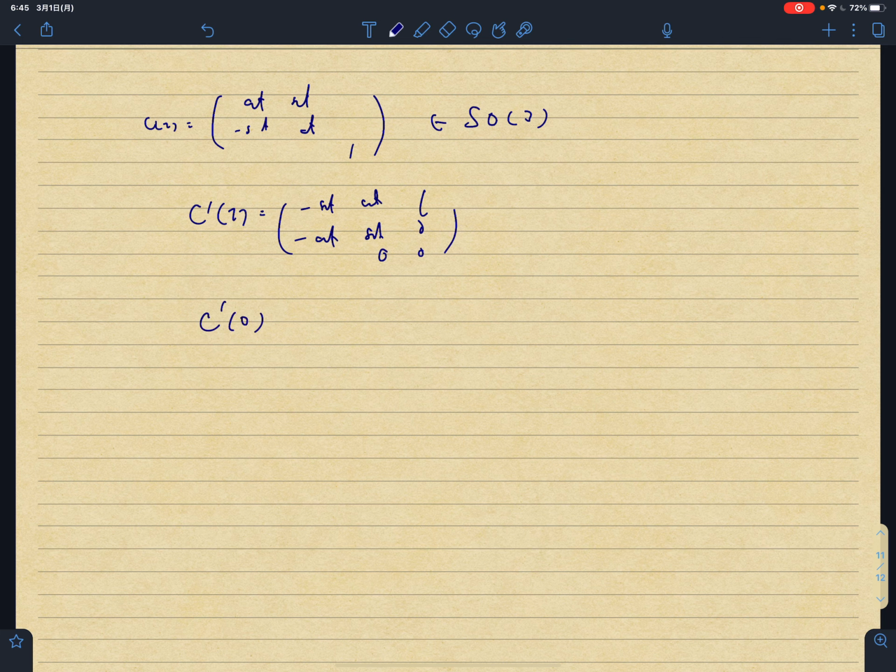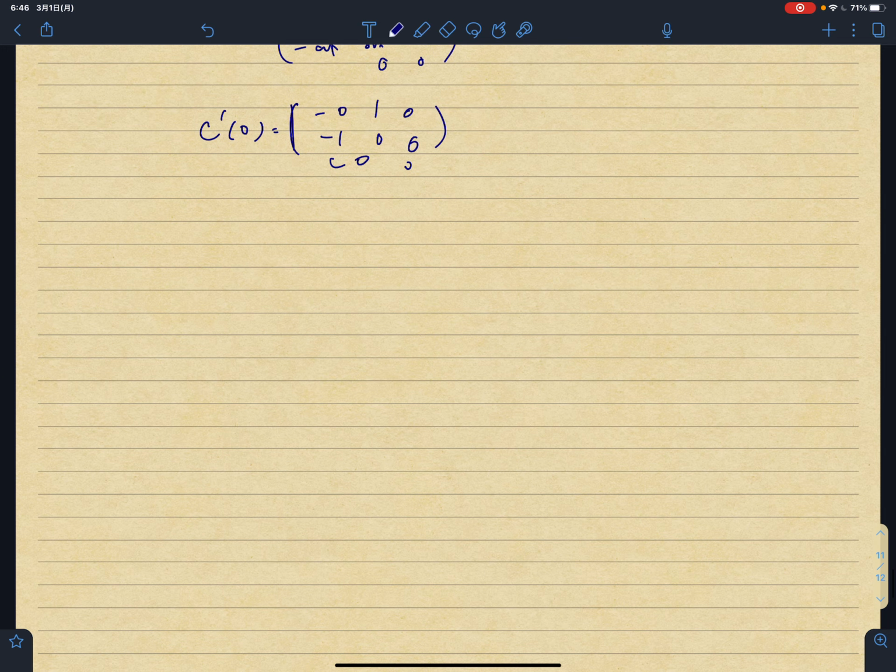So c'(0) with t equals 0. We conclude c'(0) is the matrix 0, 1, minus 1, 0, with zeros elsewhere. Here c'(0) tells us the direction in which the curve extends from the identity.